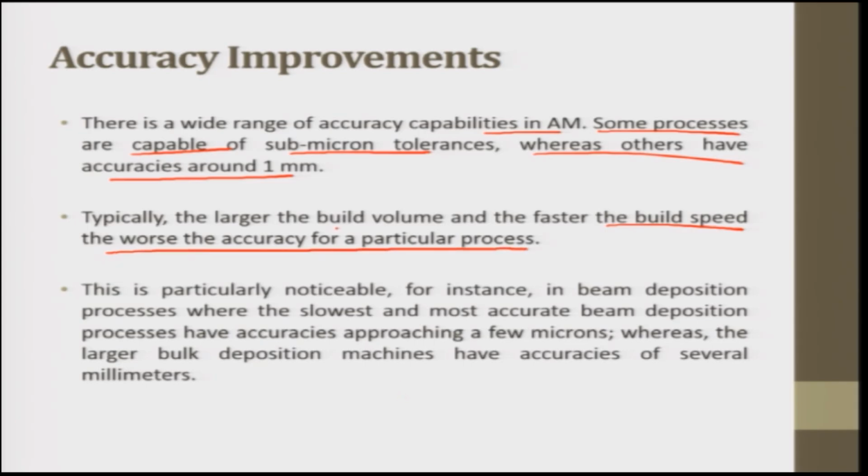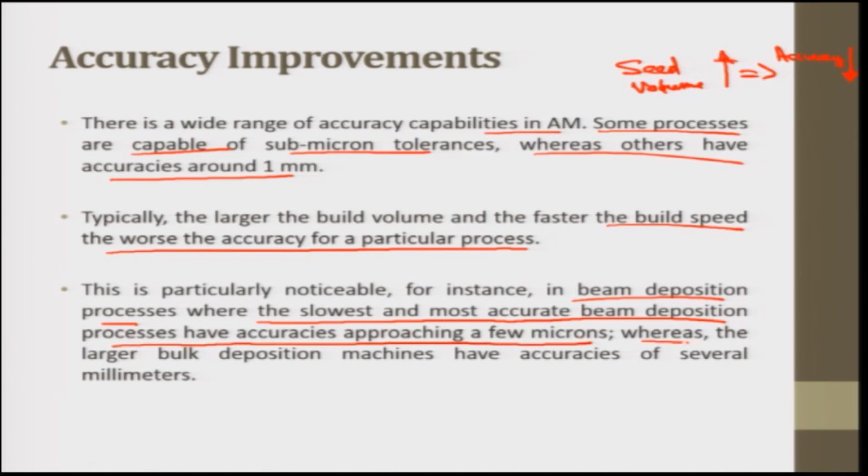So, if the volume and speed are high, this implies accuracy is low. This is particularly noticeable in beam deposition processes, where the slowest and most accurate beam deposition processes have accuracies approaching a few microns, whereas the large bulk deposition machines have accuracies of several millimeters.